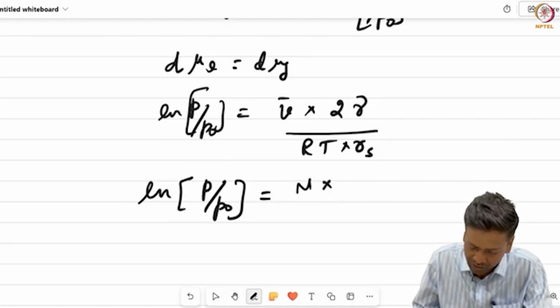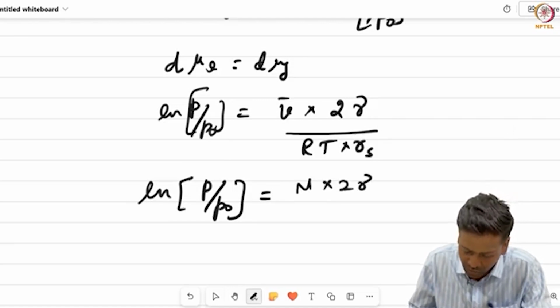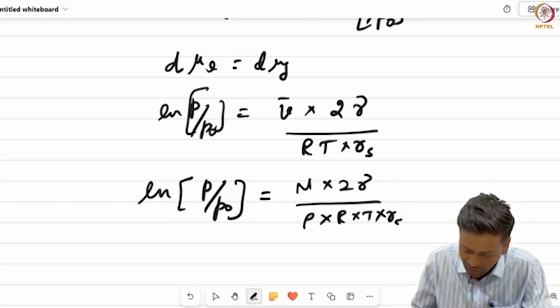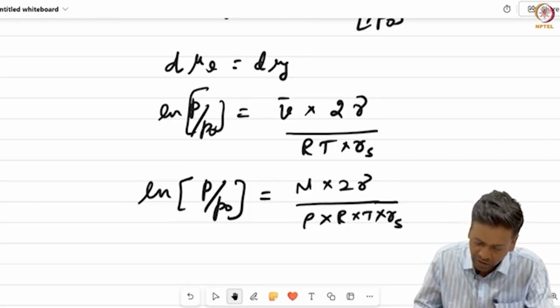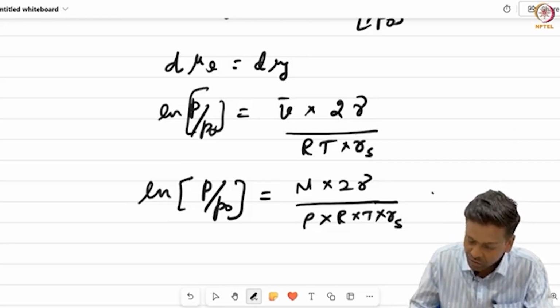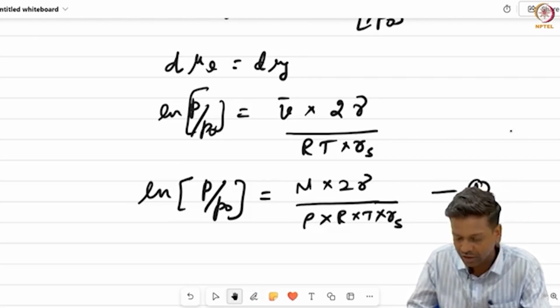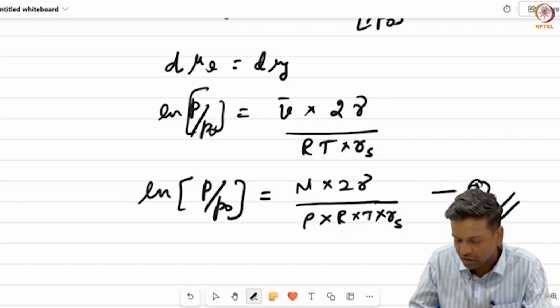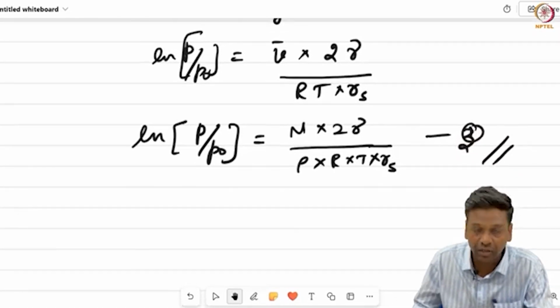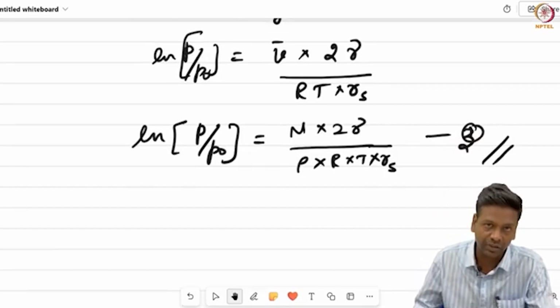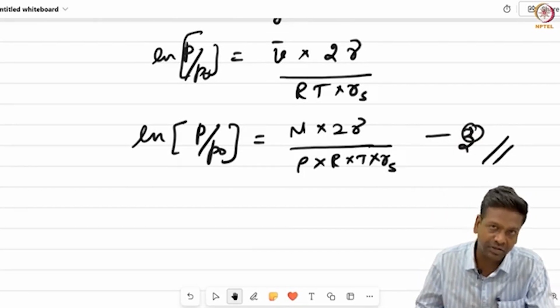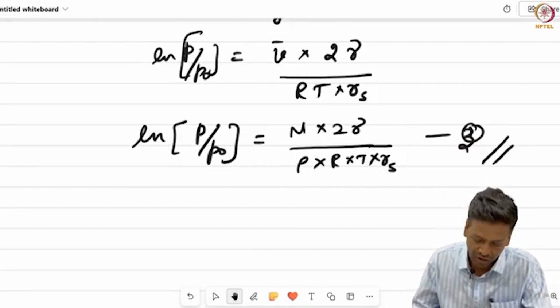In that case, we will have M into 2 gamma divided by rho into R into T into Rs. So this is going to be the equation. This is what we call the Kelvin equation, for phase equilibria such as boiling, condensation, and crystallization.